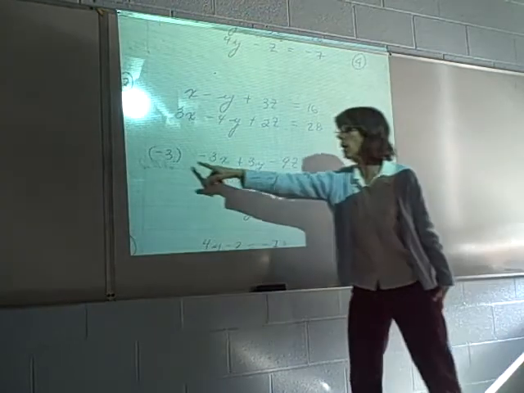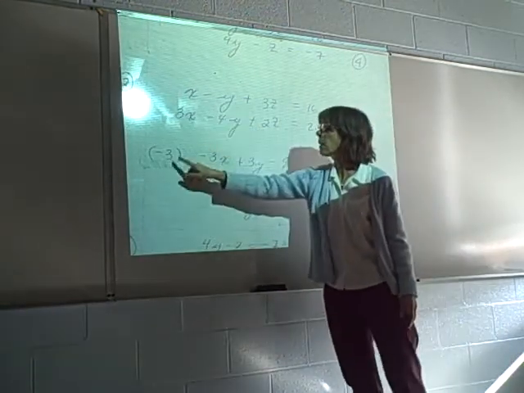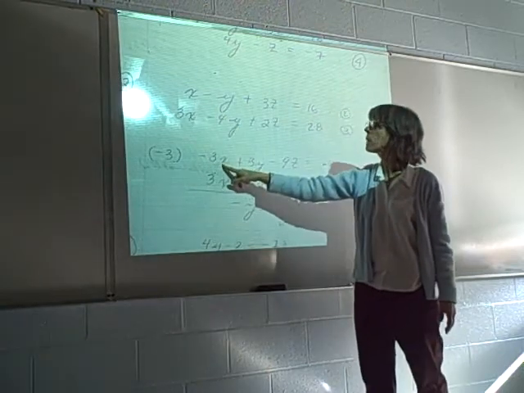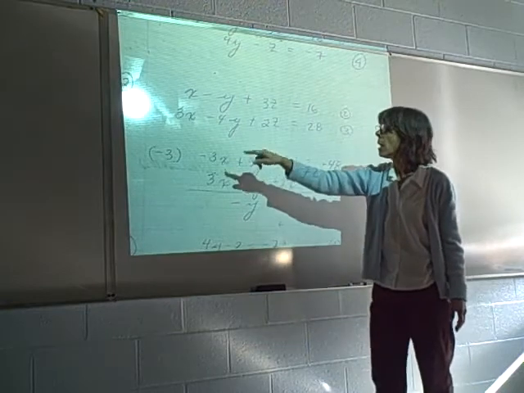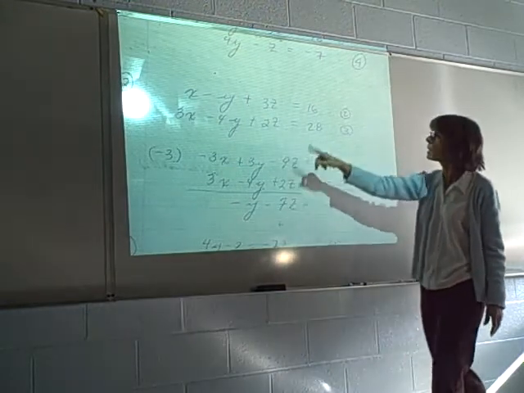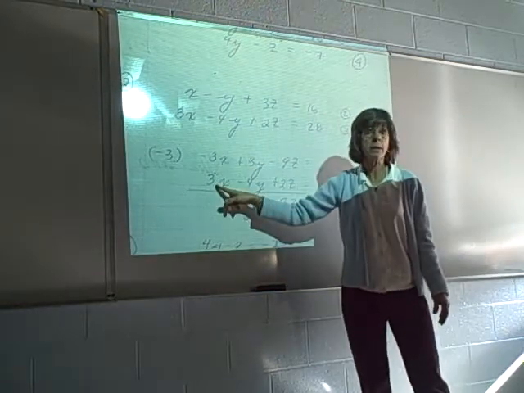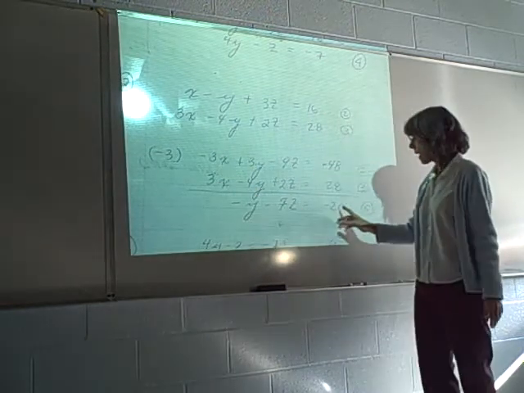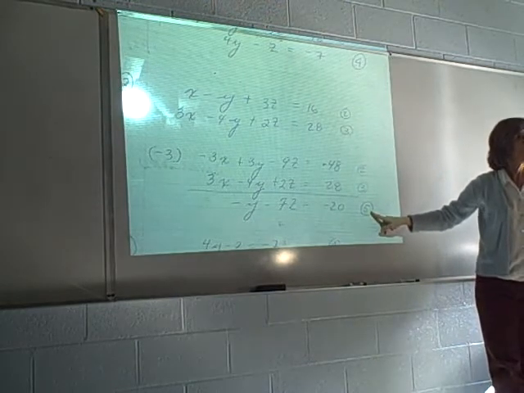I multiplied by -3. So I have a -3 times x gave me a -3x, a -3 times that gave me a +3y, a -3 gives me a -9z, and I have a -48. I eliminate my x's. Okay? And I have a new equation, and I labeled this equation 5.